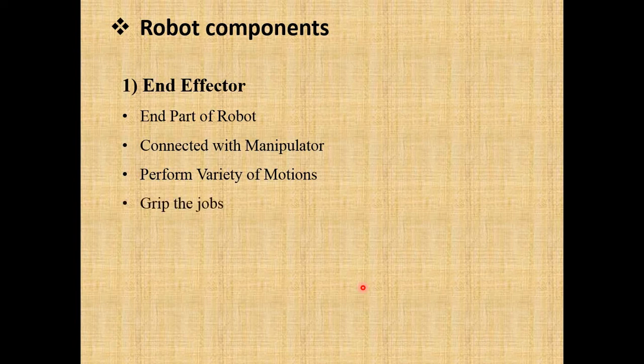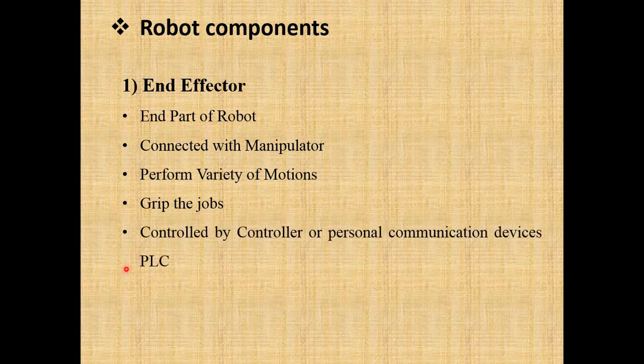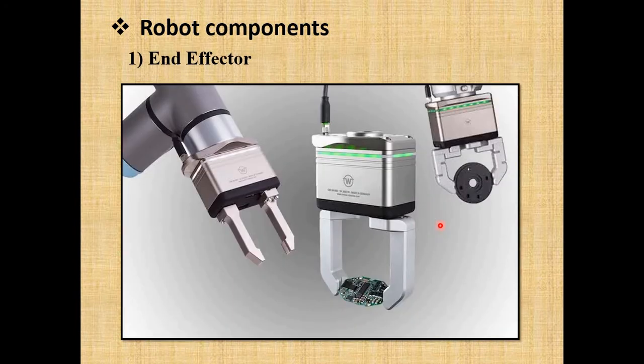In case of the end effector, either a gripper or tools may be used to grip the jobs. The end effector is controlled by the controller or personal communication devices like a programmable logic controller, PLC. These are the different types of end effector you might have seen in the market or in some electronic components. These are examples of the end effector.